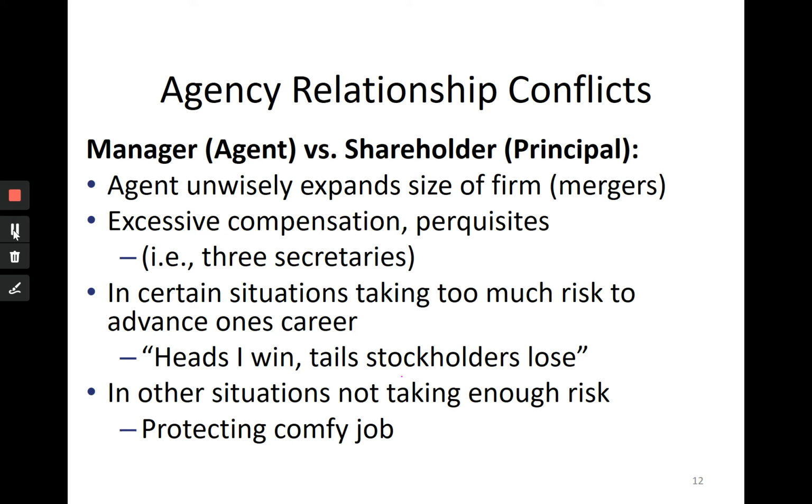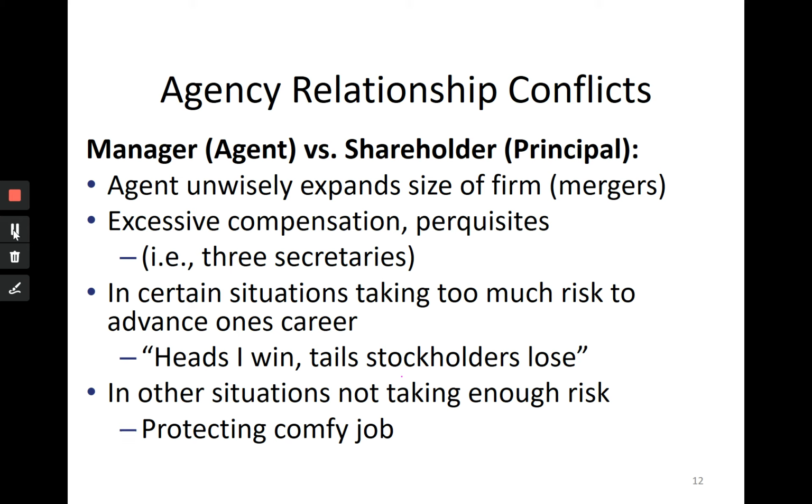But this may not be to the advantage of the shareholders. Shareholders may prefer that the manager lives in this small corporate village and runs the corporation there. It's more efficient.